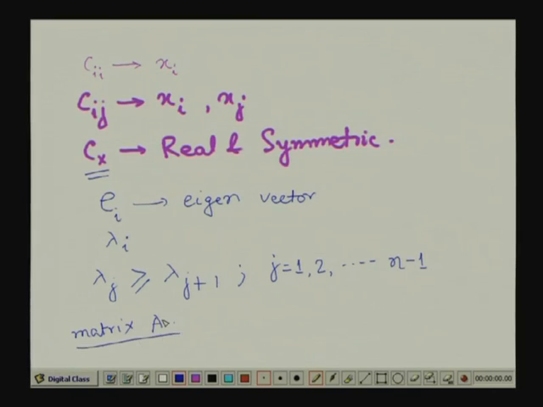So, we form matrix A from this set of eigenvectors, and this matrix A is formed in such a way that the first row of matrix A is the eigenvector corresponding to the largest eigenvalue, and similarly the last row of this matrix A is the eigenvector which corresponds to the smallest eigenvalue of the covariance matrix Cx.